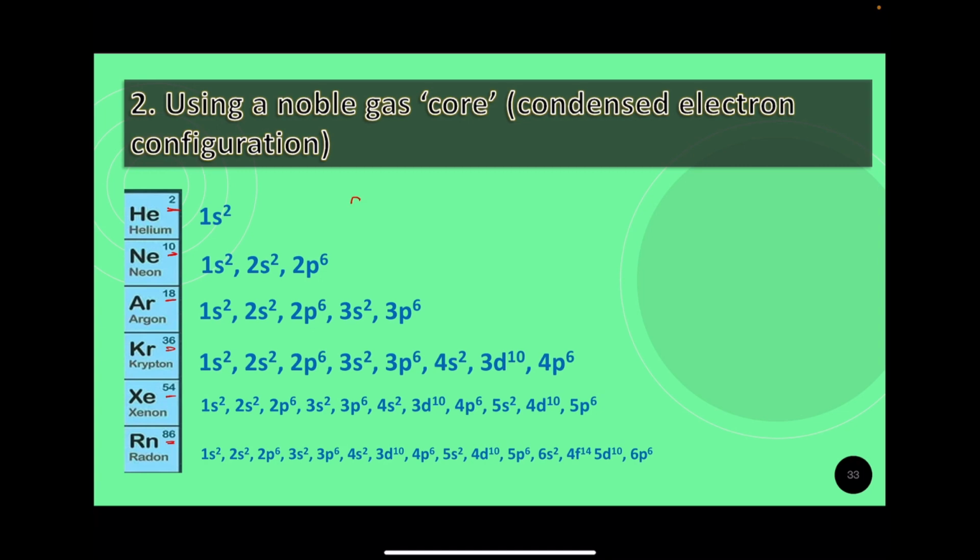For helium, then for neon, for argon, for krypton, xenon, and radon.